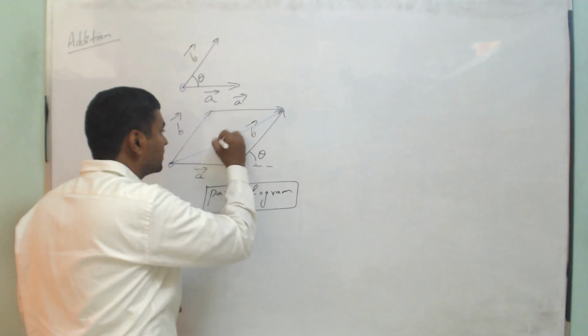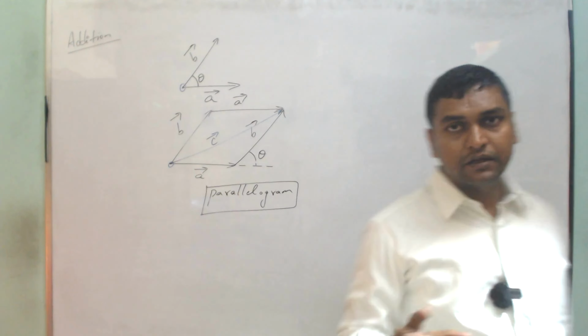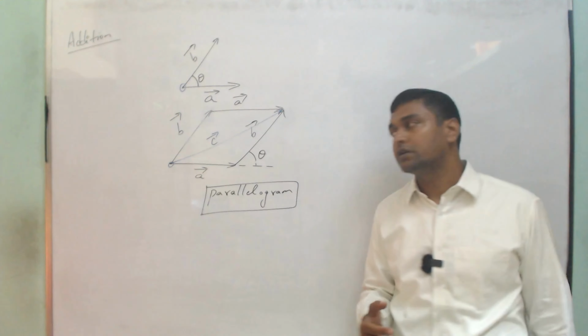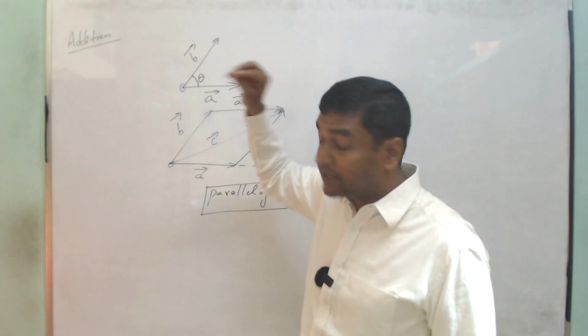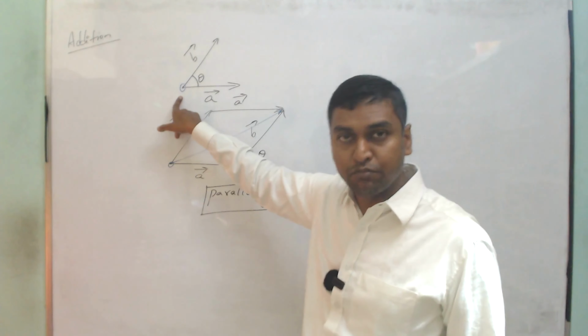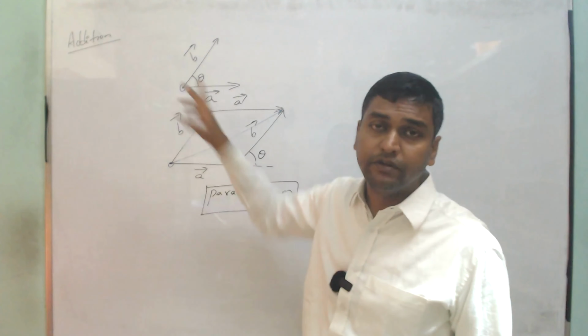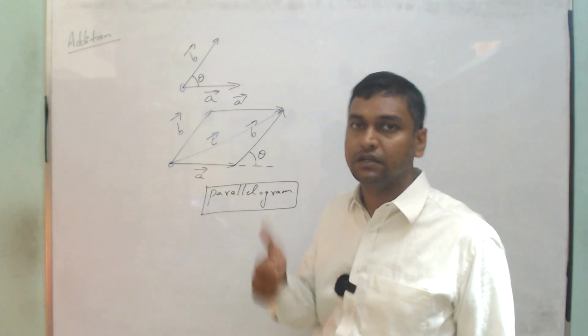Understood? I'll repeat again, I'll dictate later as well. So what did I say first? If we want to find the angle between vectors, place the tails of both the vectors at the same point, and the shortest angle between the lines is the angle between those vectors. Clear?